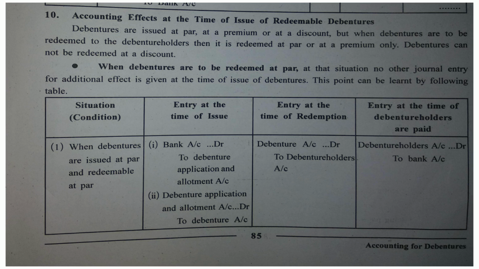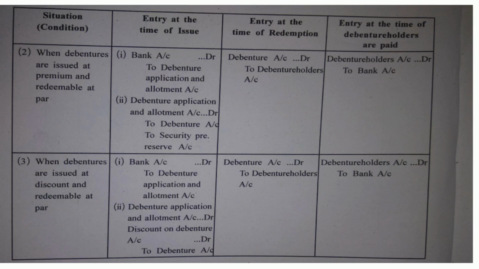Journal entries for this are given for issue and redemption. Second case says when debentures are issued at premium, redeemable at par. Issued at premium, that means more than a face value. Issued at 105 and redemption 100.